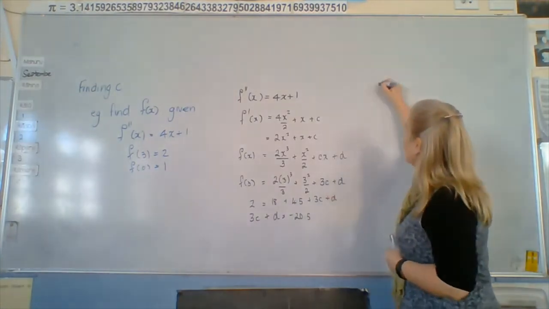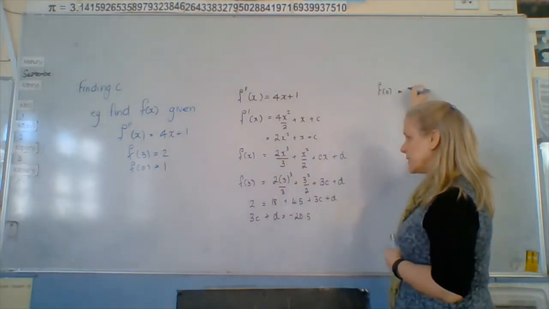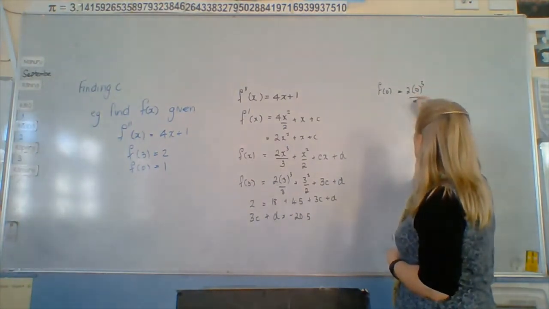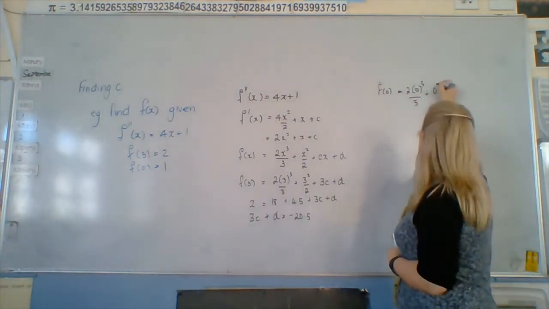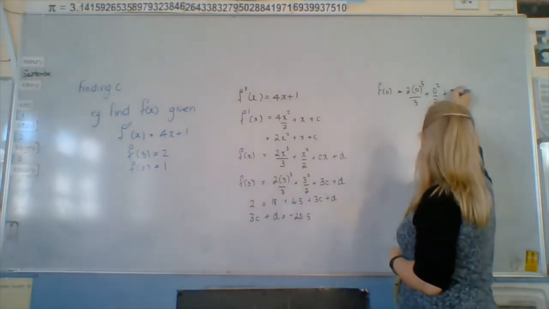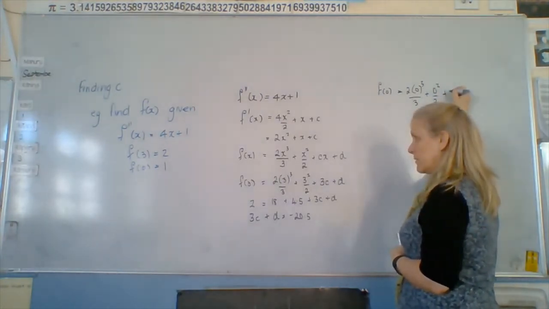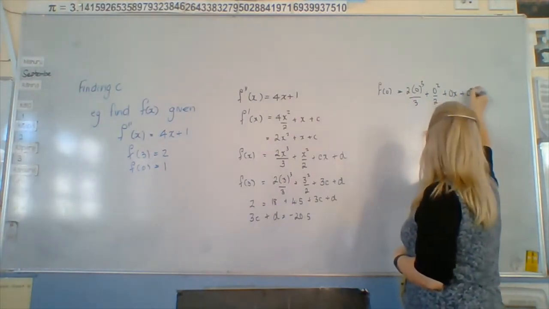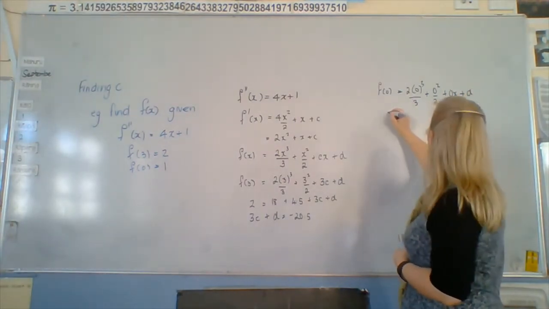Do it again for the other one. So f of 0 equals 0 cubed over 3 plus 0 squared over 2 plus 0x plus d equals 1.